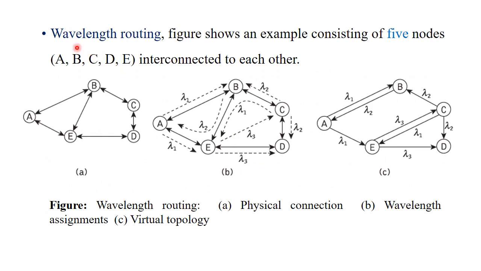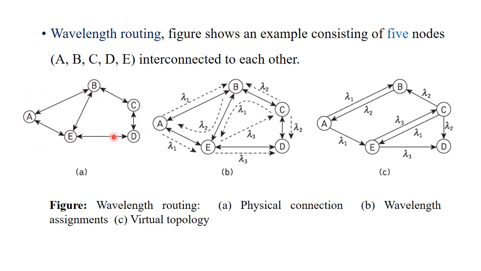Let us start with the second one, that is wavelength routing. To explain this, we are going to consider a network consisting of 5 nodes: A, B, C, D and E. Based on this network we are going to make the explanation. Let us start with figure A, which indicates a simple network that is physically connected.